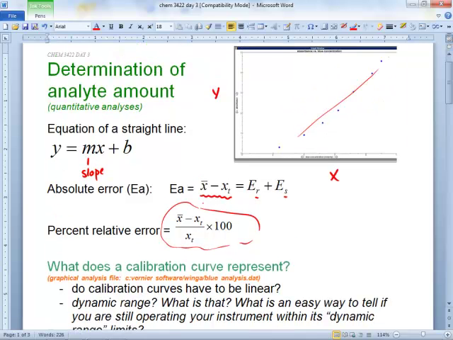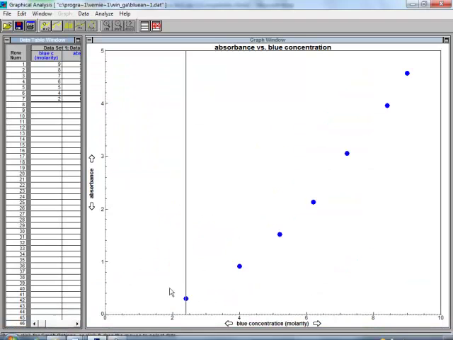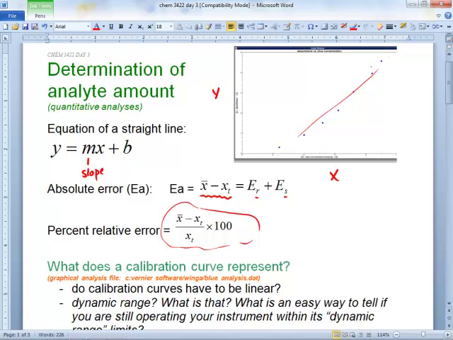We've got some calibration curves. Here's one. And it's kind of blown up what you had. All right, this one blown up. Do they have to be linear? Adriana, do calibration curves have to be linear? Well, I guess, I don't know.